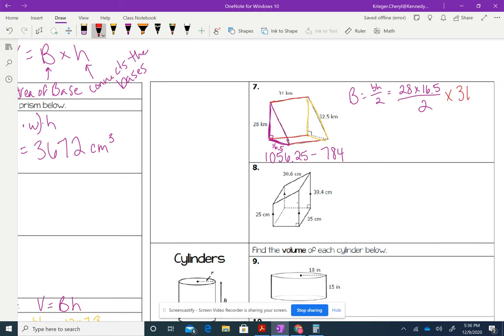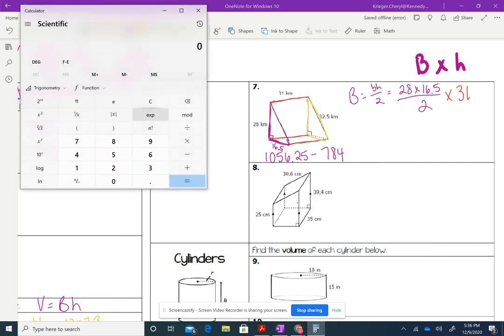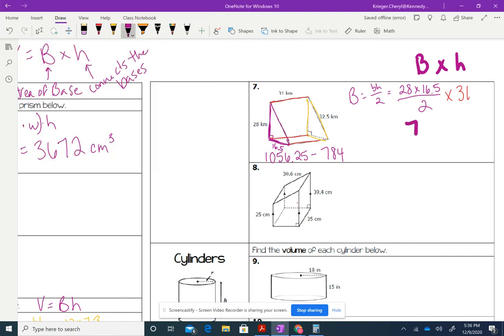So that is the area of the base times the height. Okay, so 28 times 16.5 divided by 2 times 31. 7,161 cubic kilometers.